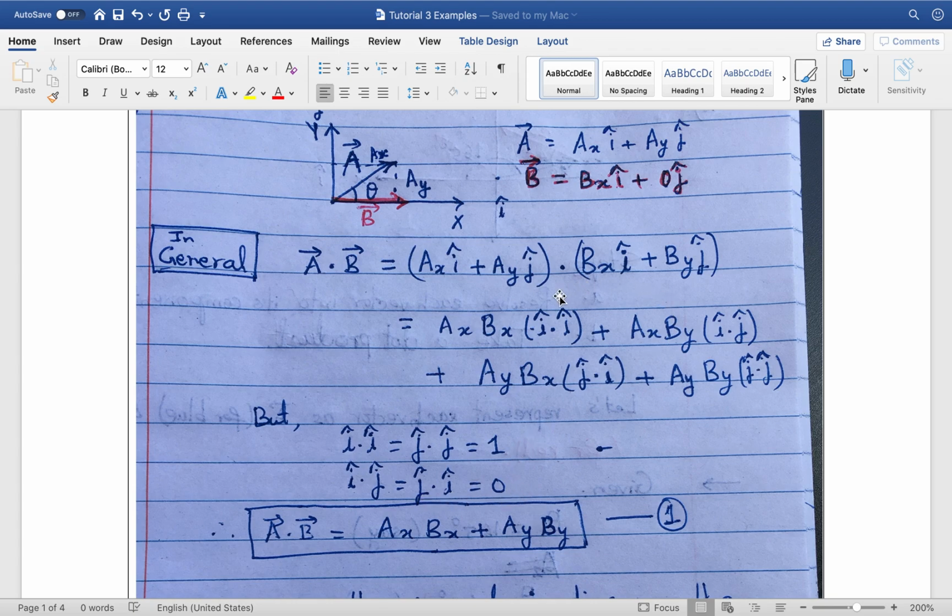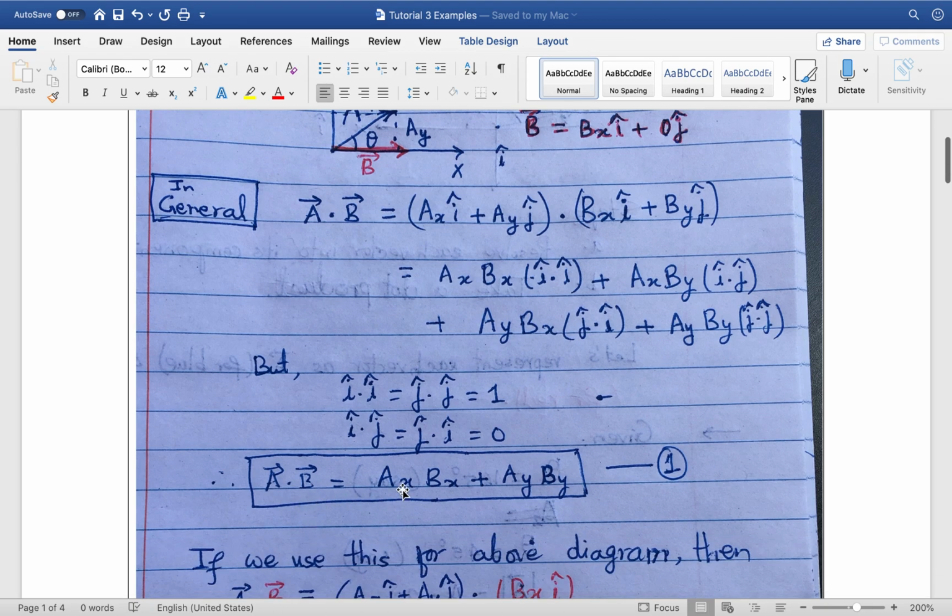So anything here that has i hat dot i hat will give us 1. Anything that has a dot product between two different unit vectors, like i hat dot j hat, becomes 0. So we can ignore those parts, which go to 0. We are left with only this part and this part here, that's what we are writing here.